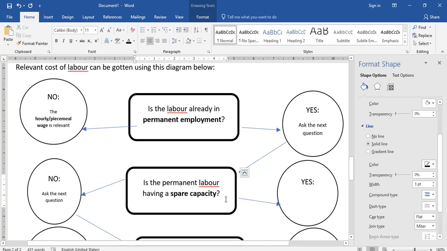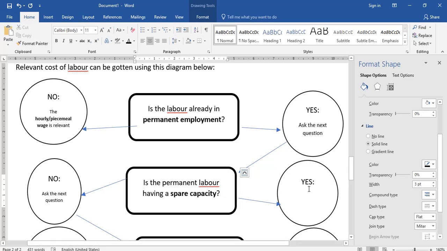Temporary employments do not have spare capacity because it is the number of hours they worked that they will be paid, the number of units they produce that they will be paid. With spare capacity, your pay is fixed. If you don't have any job to do at the moment, we have a project that we are doing. Use that your spare capacity to do that project. I've already paid you or fixed your wages, so I don't need to pay you specially for this project.